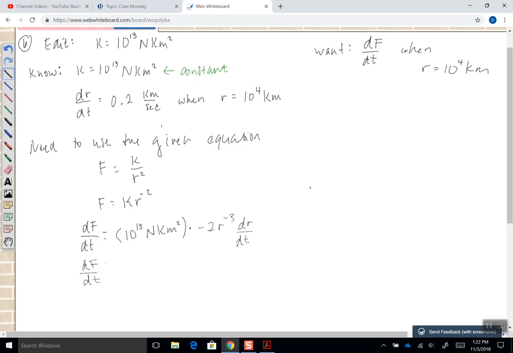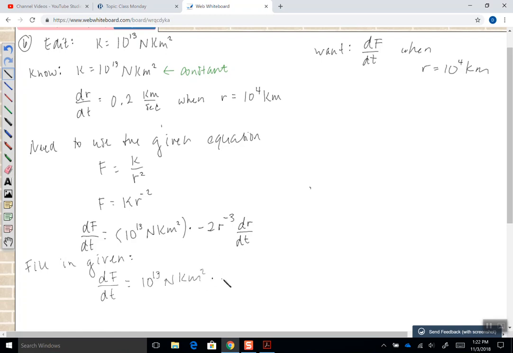Okay, so now I want to fill in all of my given info. I don't know what dF/dt is, I'm trying to find it, so I'm just going to rewrite dF/dt. I know k, my constant, which I already addressed, is 10 to the 13th Newton kilometers squared.